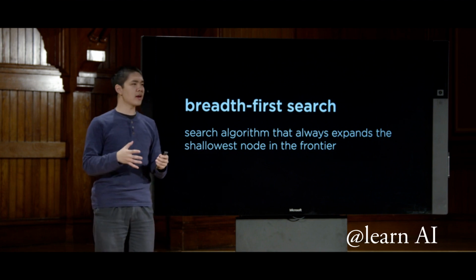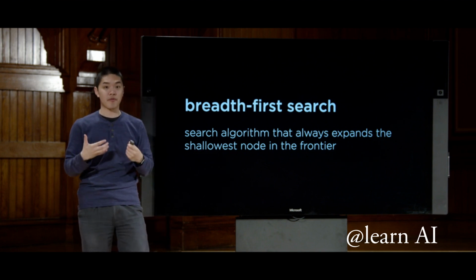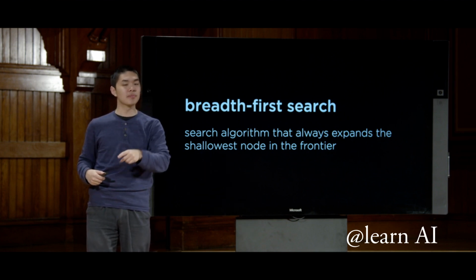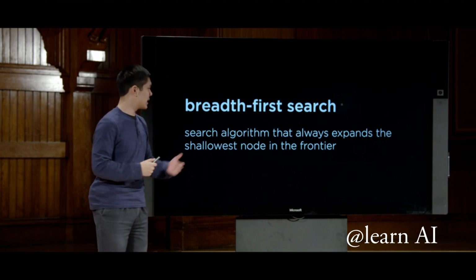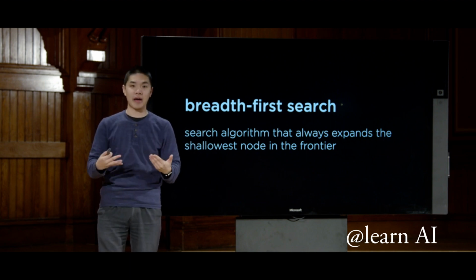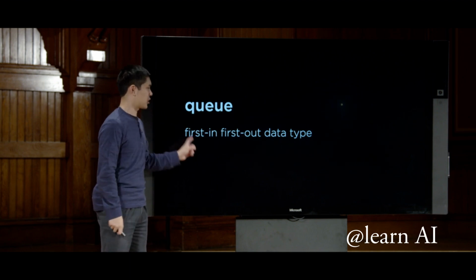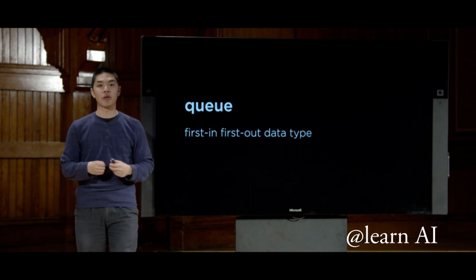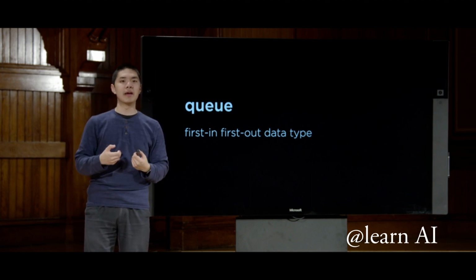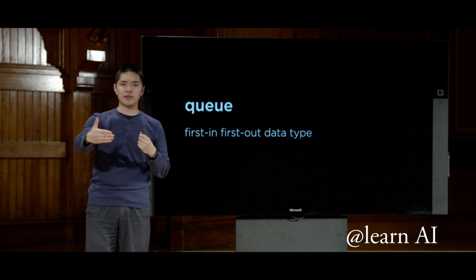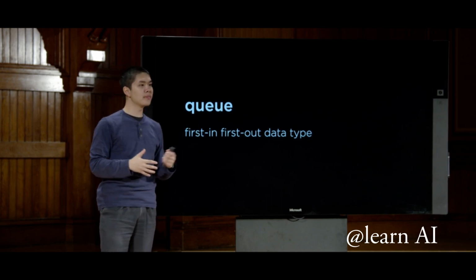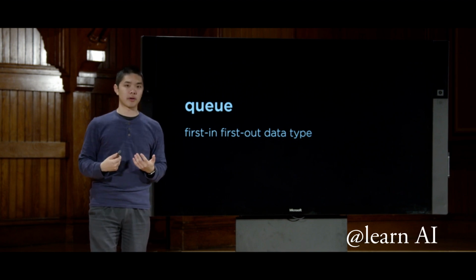Well, it means that instead of using a stack, which depth-first search, or DFS, used, where the most recent item added to the frontier is the one we'll explore next, in breadth-first search, or BFS, we'll instead use a queue, where a queue is a first in, first out data type, where the very first thing we add to the frontier is the first one we'll explore, and they effectively form a line or a queue, where the earlier you arrive in the frontier, the earlier you get explored.